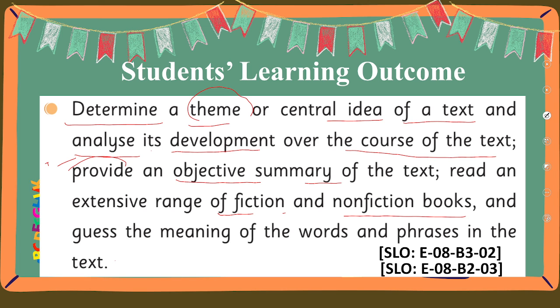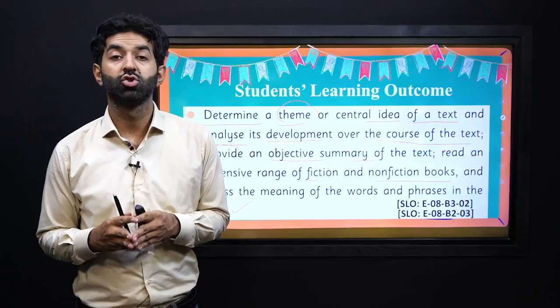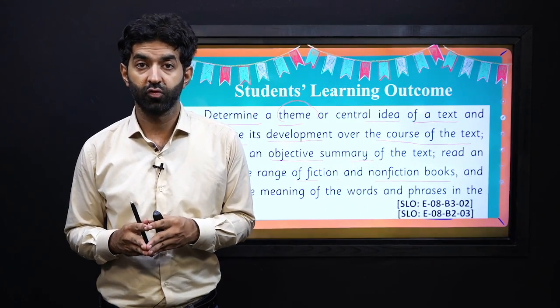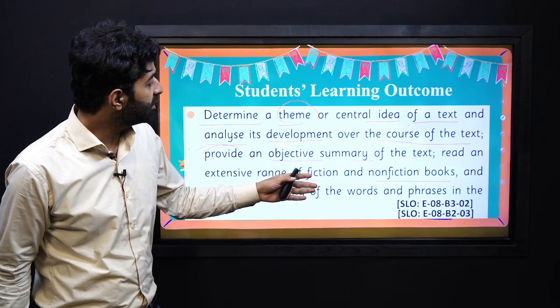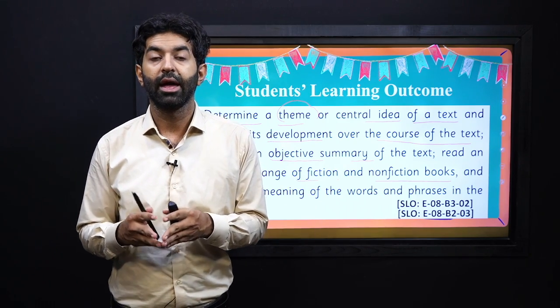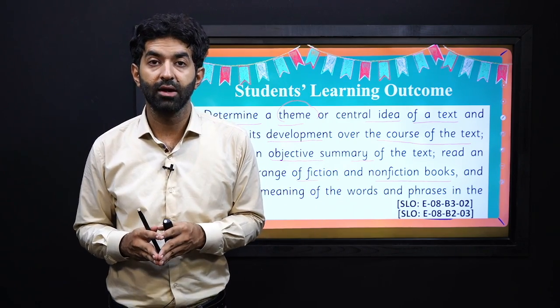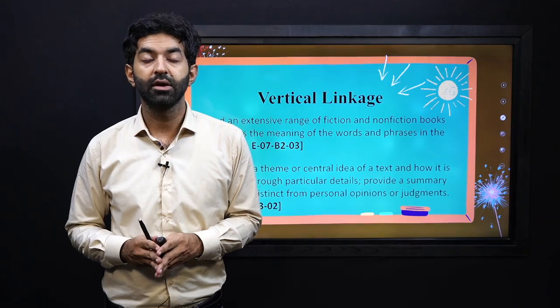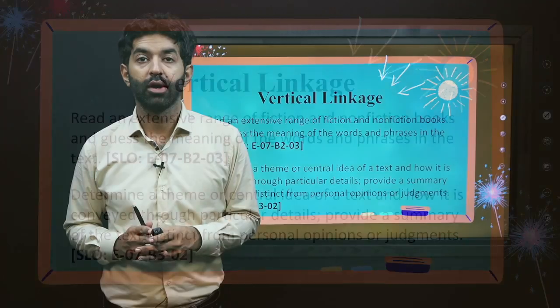So the text we have is a story called Jalebis. We will analyze it, we will read it as well, and we will see how we can find the theme or any main idea or central idea while reading the text. So let's get started. First, here is a vertical linkage.